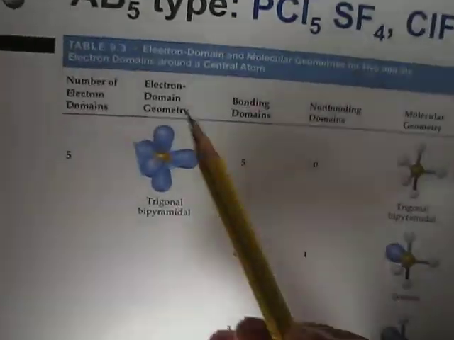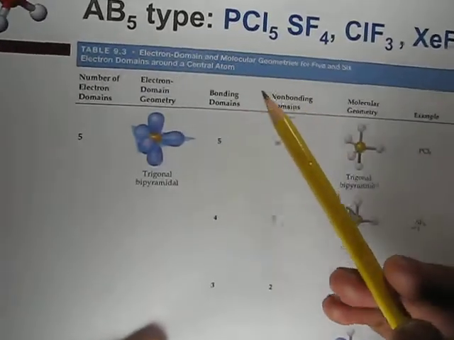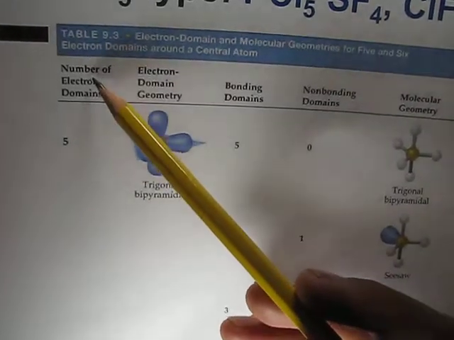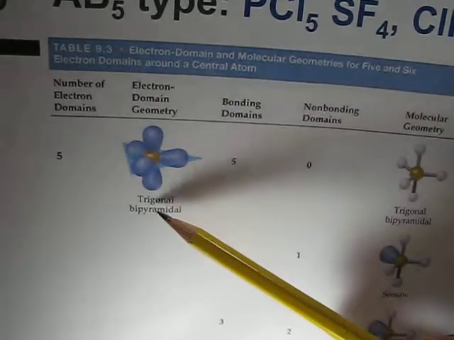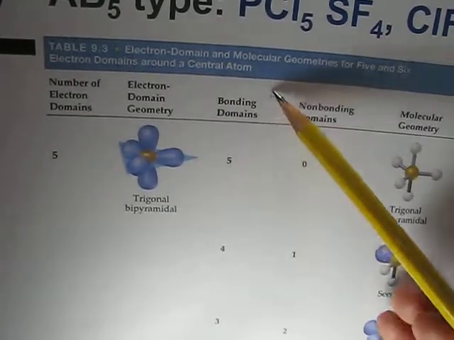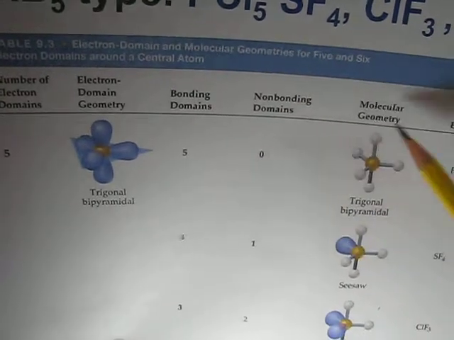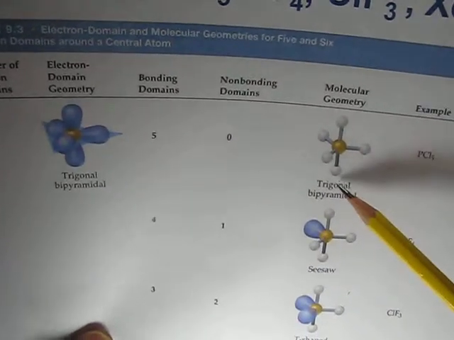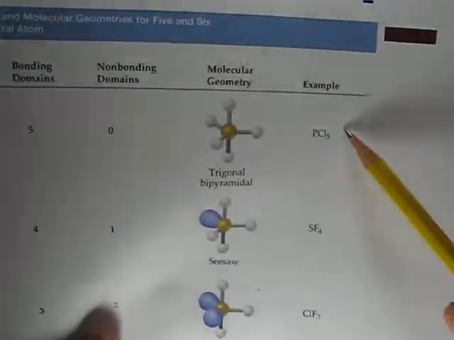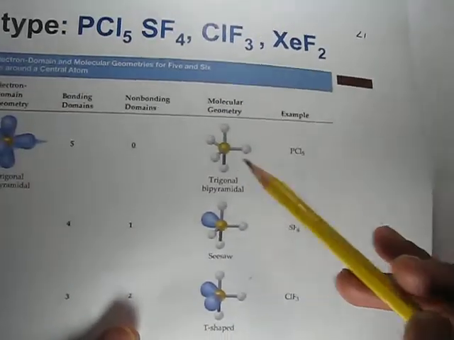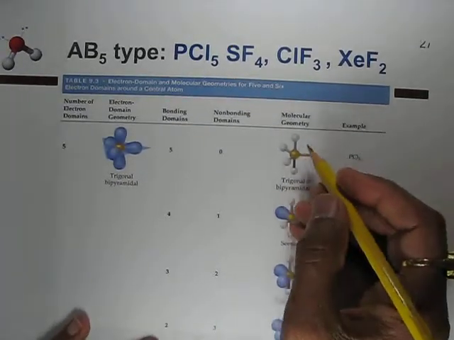Once you write the Lewis structure of these, if the number of electron domains is 5, the electron domain geometry will be trigonal bipyramidal, with 5 bonding domains and 0 non-bonding. So the molecular geometry will be trigonal bipyramidal, and the example is PCl5. It has 2 bond angles.